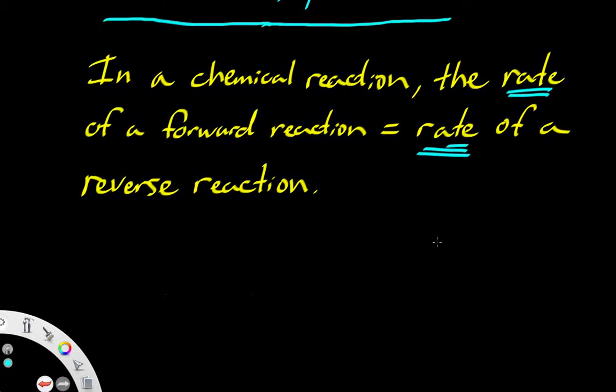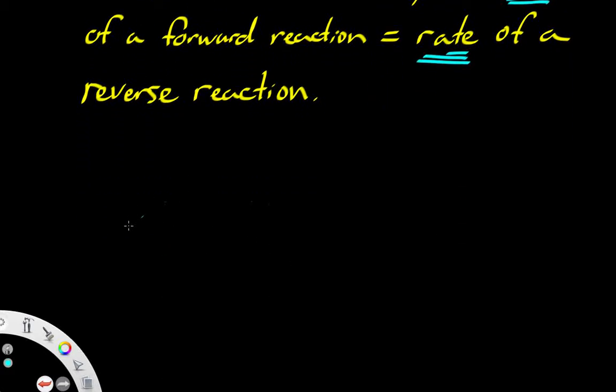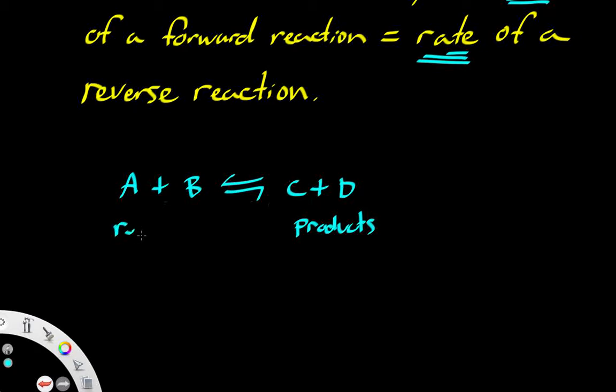So let's move forward and talk about a generic chemical reaction. For example, if I have A plus B and I draw some equilibrium arrows leading into C plus D. Keep in mind C plus D are going to be our products, and A plus B are going to be our reactants.